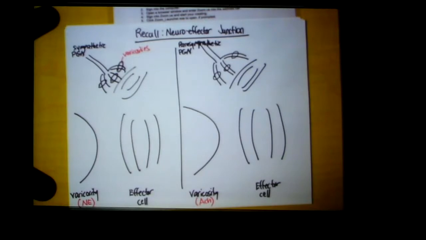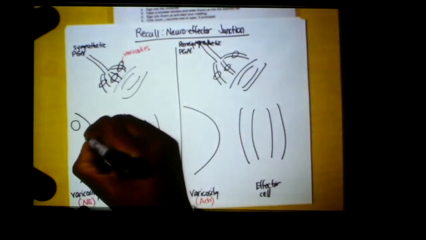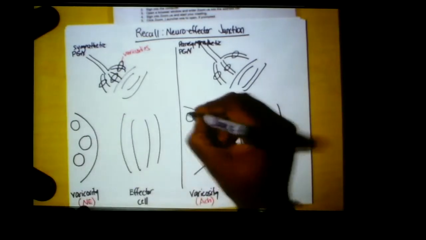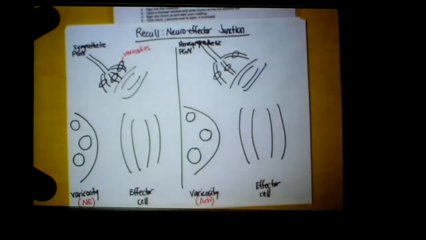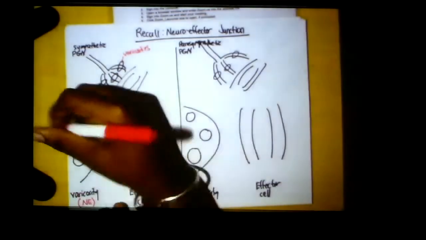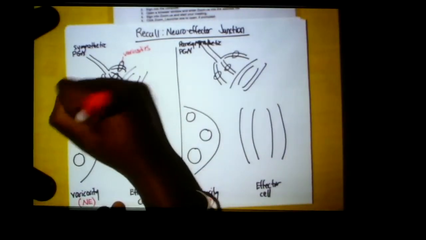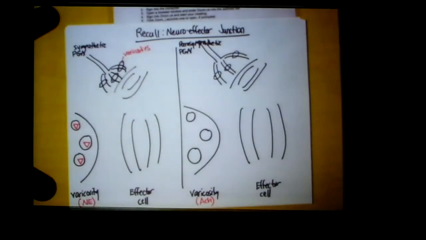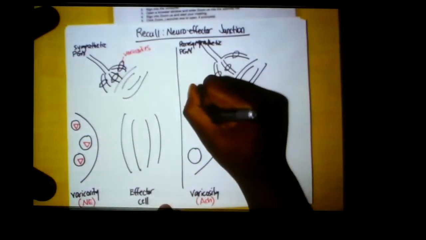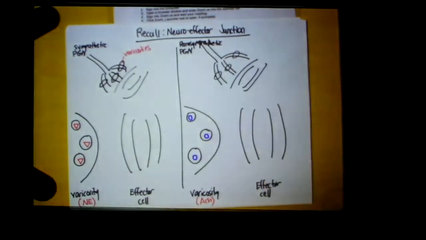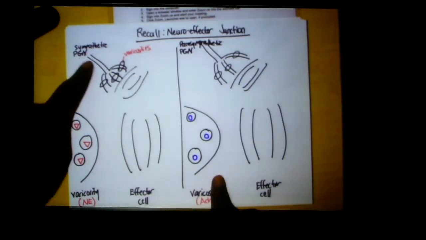So inside our varicosity, we have these vesicles and they will have our respective neurotransmitters stored. I'll just do this to distinguish them, since they are different neurotransmitters. Now, the very same steps we talked about for synaptic communication also take place here. We have an action potential traveling down the length of this neuron.